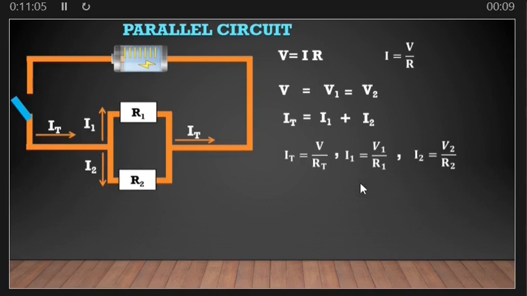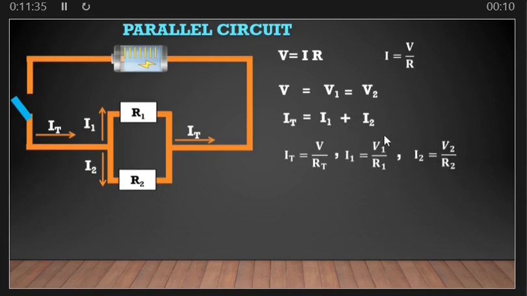Now notice that we can replace these into this equation, because this IT, which is equal to V over RT, is the same. So we can get this expression and put it here, and since this is equal to this, we can simply get this one and put it there, and equally get this one and put it there.